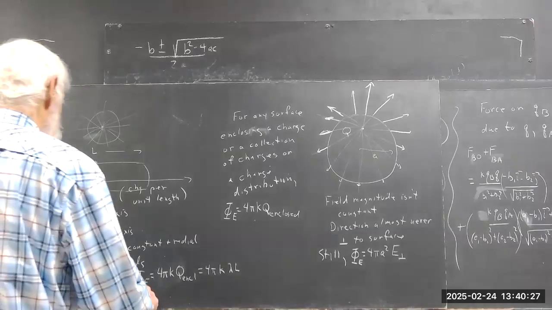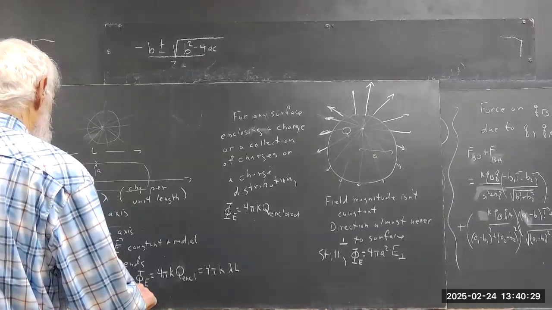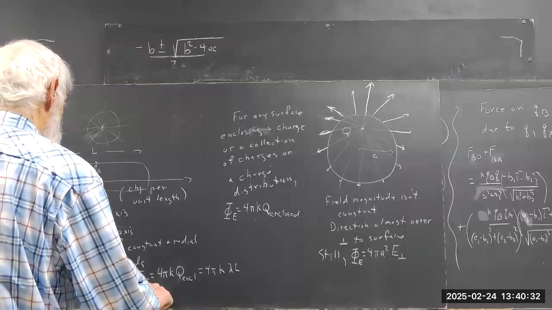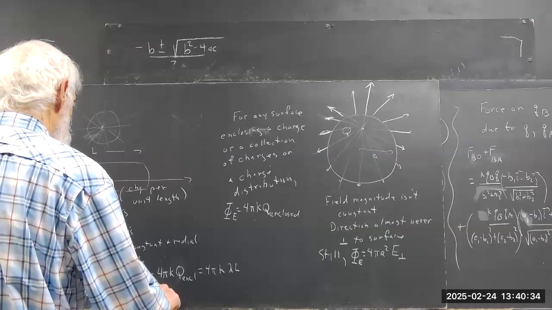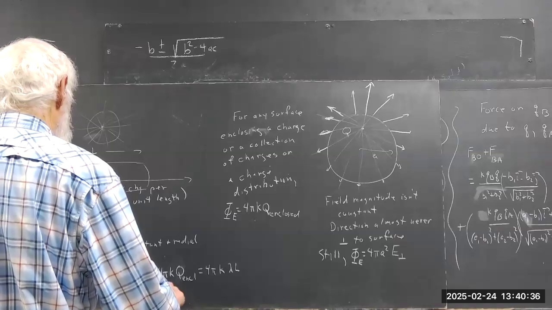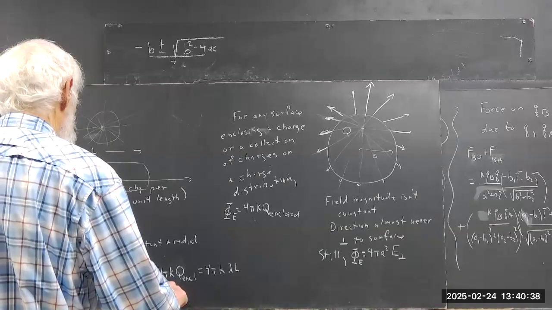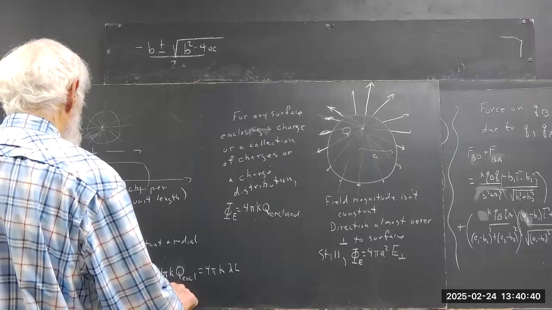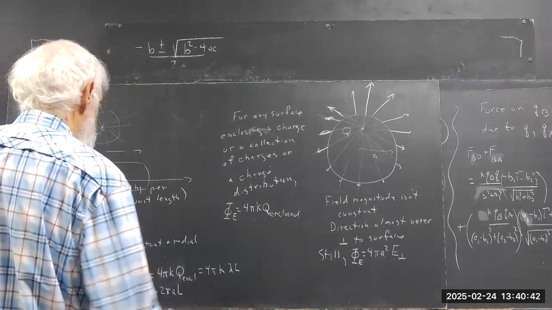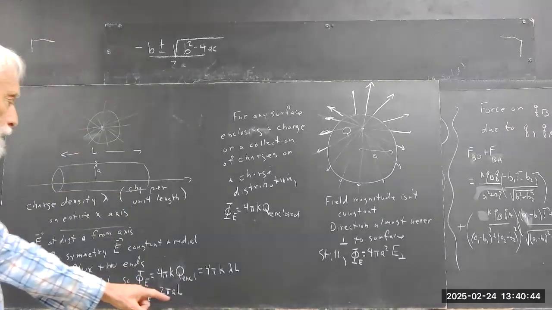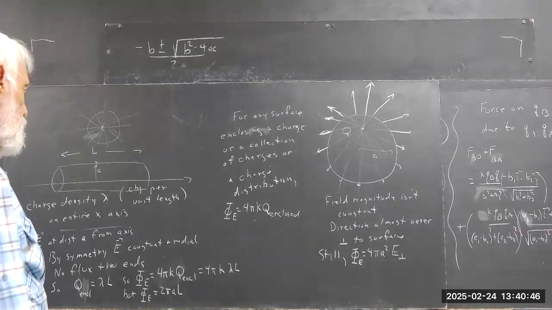Also, phi equals E times the area, 2 pi A L. Now, why is that?